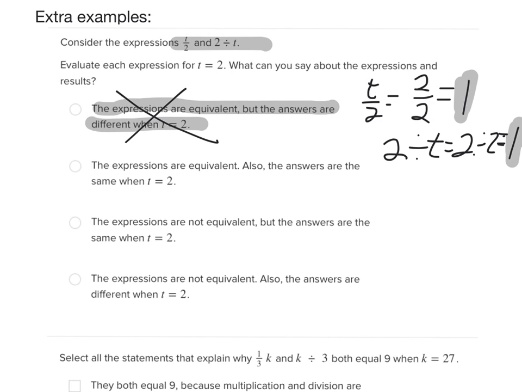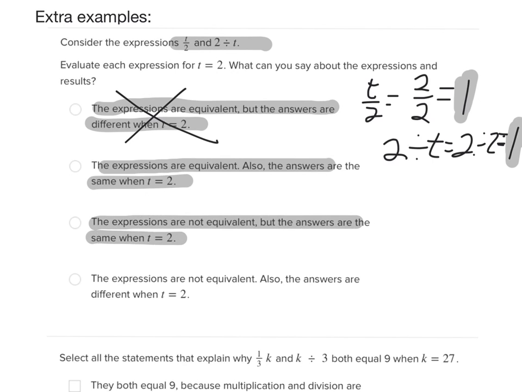Alright, next one. The expressions are equivalent, also the answers are the same when t equals 2. Well, how do we know if the expressions are equivalent? Let's look at the next one. The expressions are not equivalent, but the answers are the same when t equals 2.